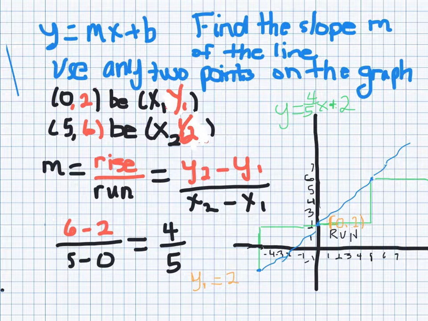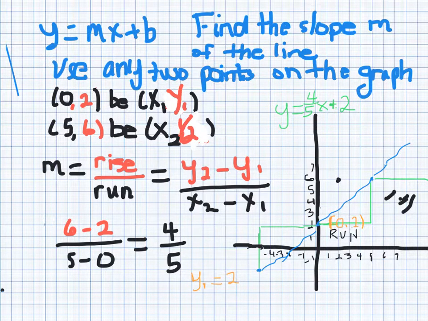Sometimes the line is crossing in the middle of a section, or almost to the end. So try to use the clearest points that are the easiest to figure out, or definitely on, like, 6 to 6 or something like that.